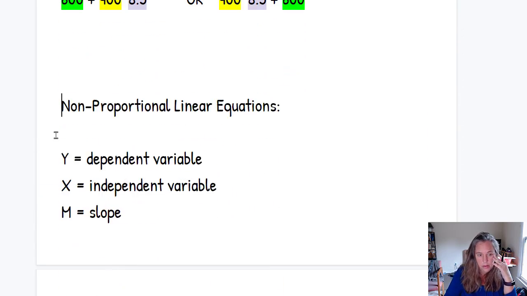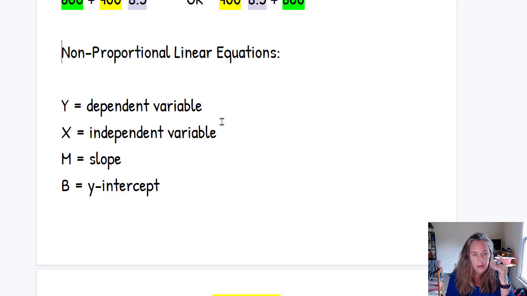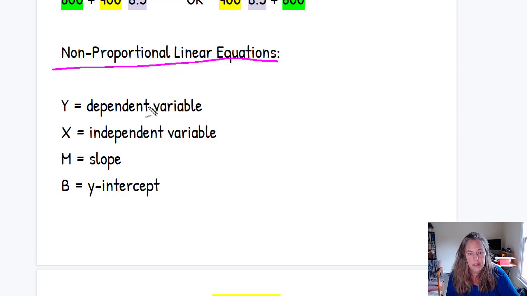Okay, so this is definitely for your notes. Non-proportional linear equations. Y is the dependent variable. X is the independent variable. And we're used to m being slope, but we're not used to b being the y-intercept. This is your new piece right here. All the rest of this you've seen before.